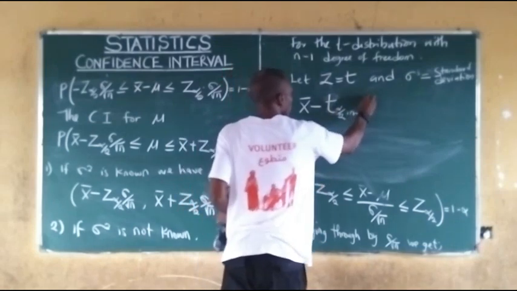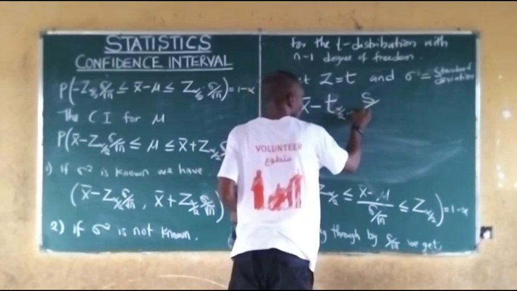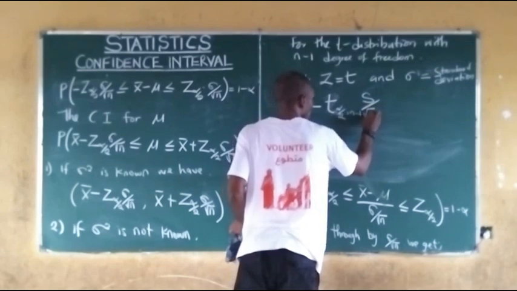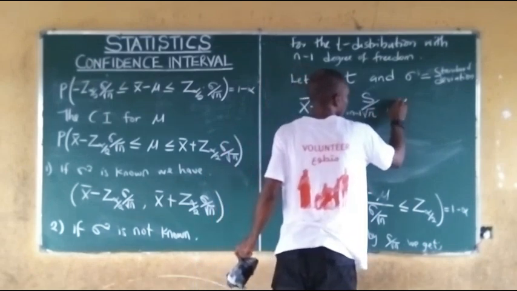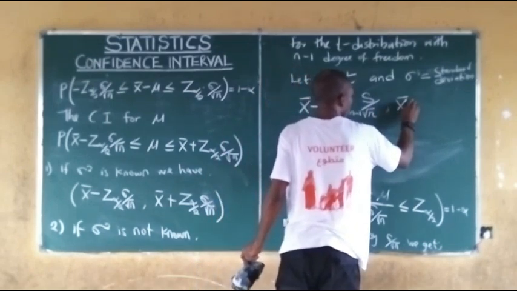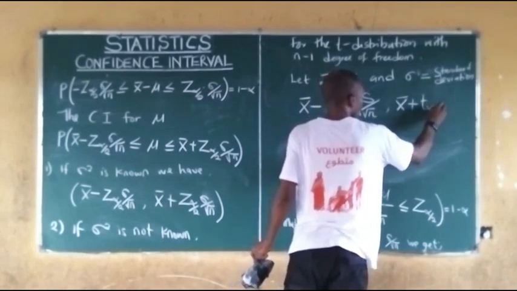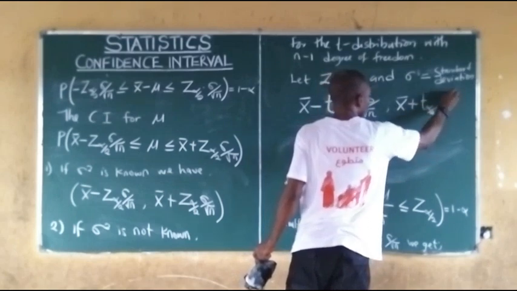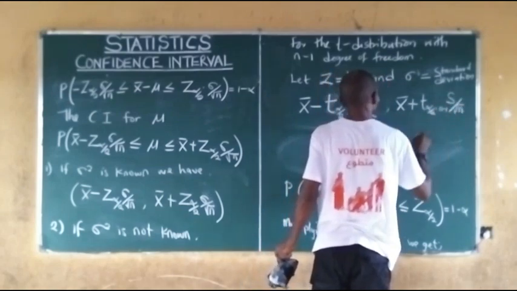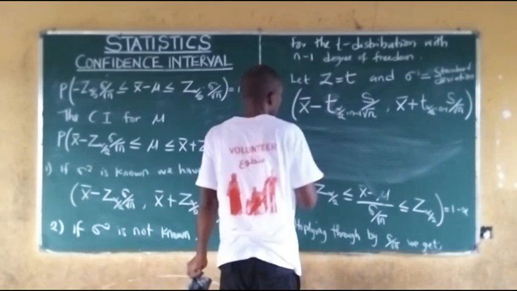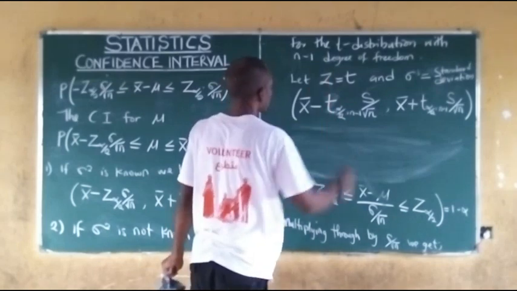And instead of sigma over square root of n, it will be s over square root of n. And we now have x bar plus t alpha over 2 with n minus 1 degrees of freedom, times the standard deviation over square root of n. So this is what we have if we are changing it to the t distribution.